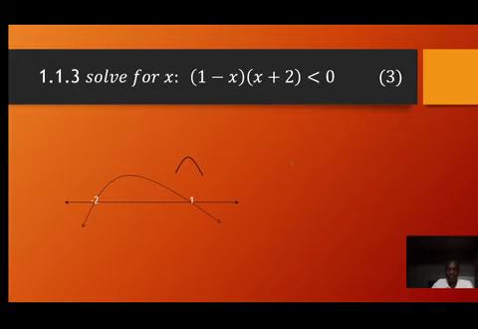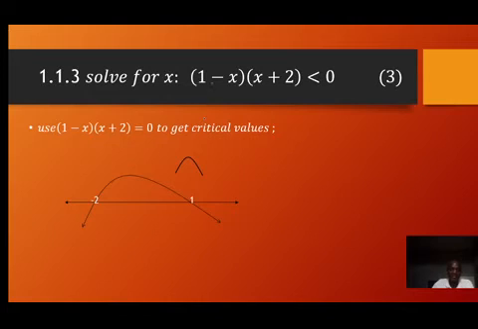Usually here it's better to first get the critical values by equating this product to 0, and when we do so, because we are having 2 brackets multiplied together to give us 0, it means either 1 minus x equals 0, which gives us x equals 1, and also x plus 2 equals 0, which gives us x equals minus 2. Now this minus 2 and positive 1, they are my critical values. That's why I put them here.